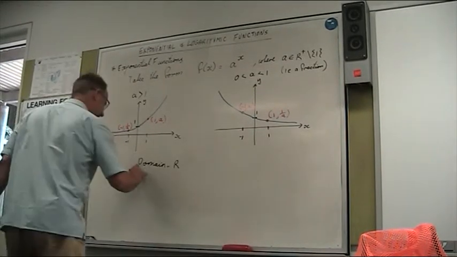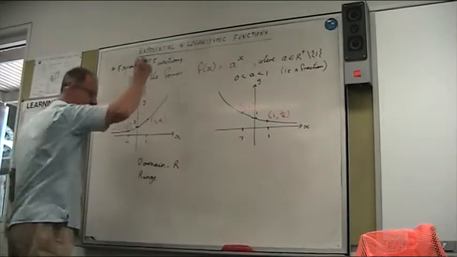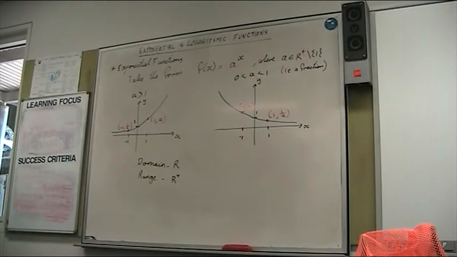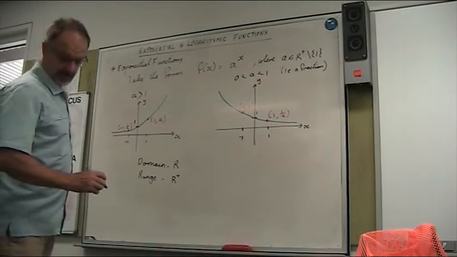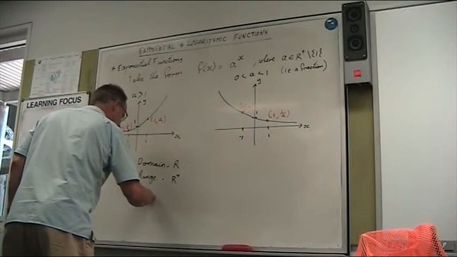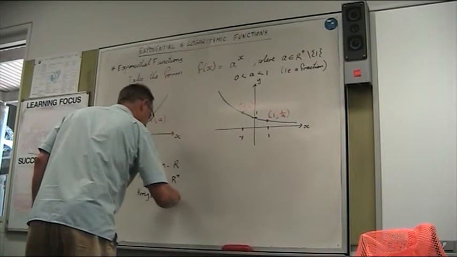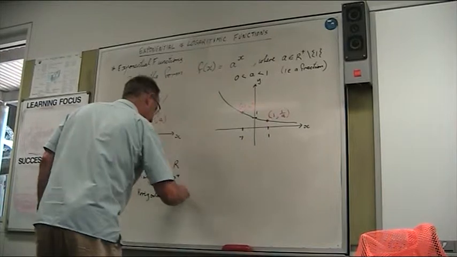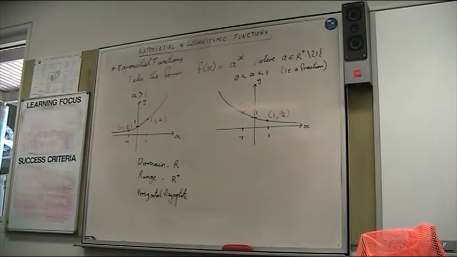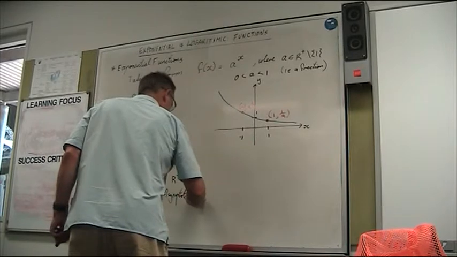Your range is only above the x-axis, so the range is just the positive real numbers, and it has a horizontal asymptote, for both graphs: y equals 0.